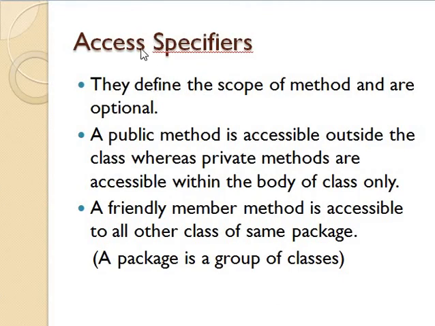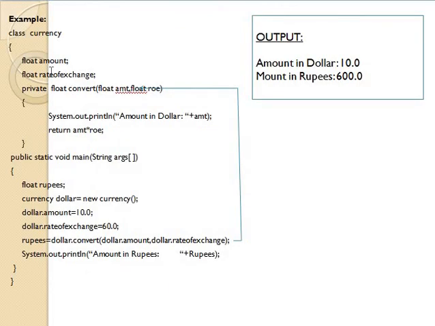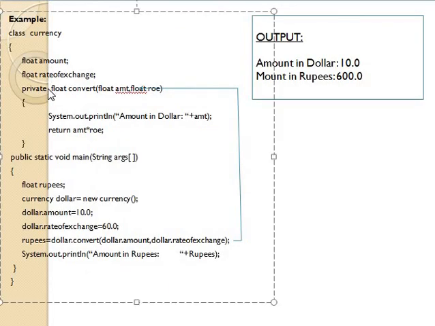Now what if we do not specify an access specifier for a method? That means if we do not specify access specifiers for a method like public and private, then by default this method convert will come to be known as a friendly method.